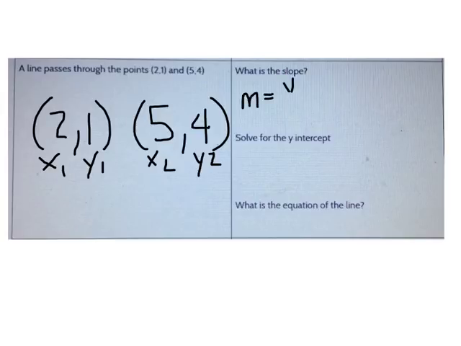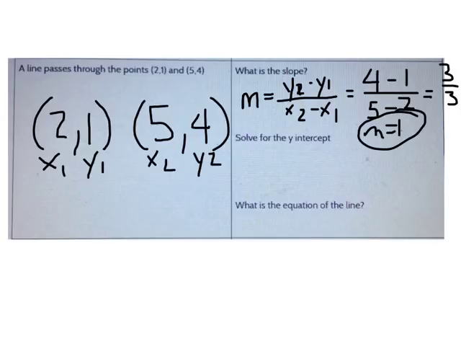Remember, slope is the change in y, y2 minus y1, over the change in x, x2 minus x1. Go ahead and find the slope by plugging in those numbers now. The slope is 1. Now I can plug in numbers to solve for b, the y-intercept.